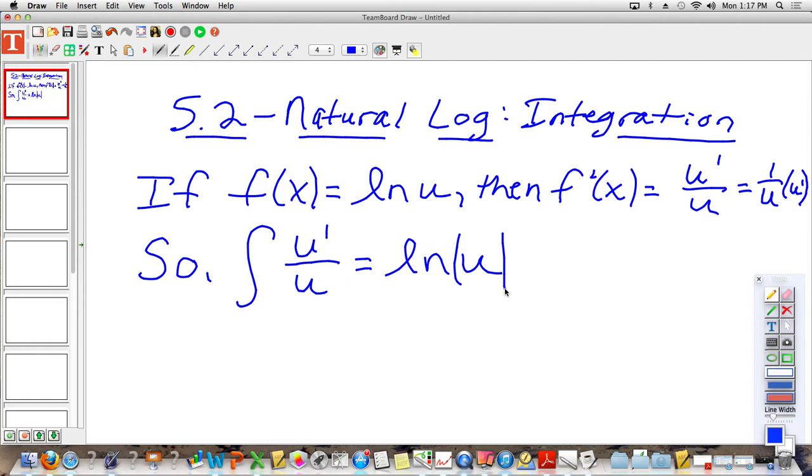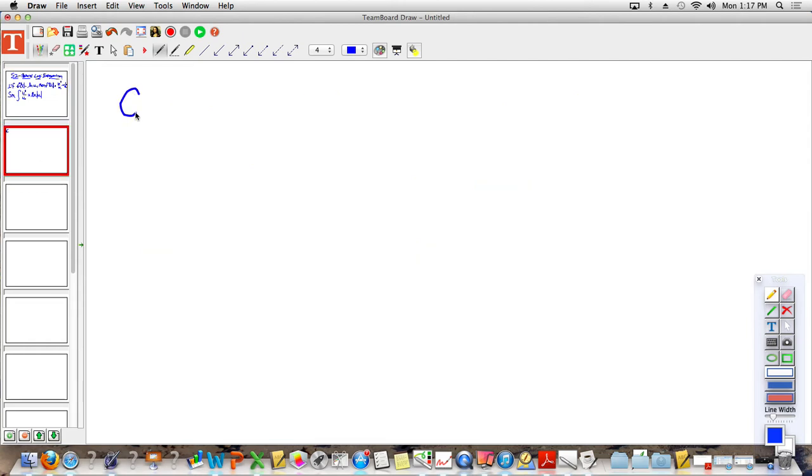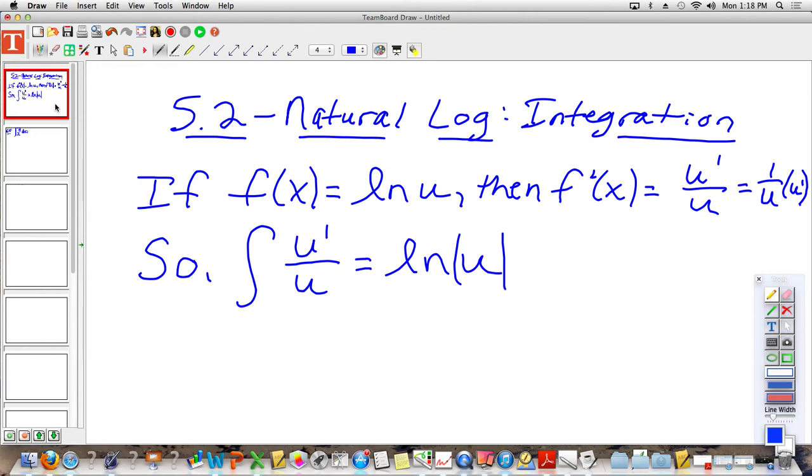Can I flip? What is the integral of 2 over x dx? So, when we were just talking about the integral, we defined the derivative as being u prime over u.